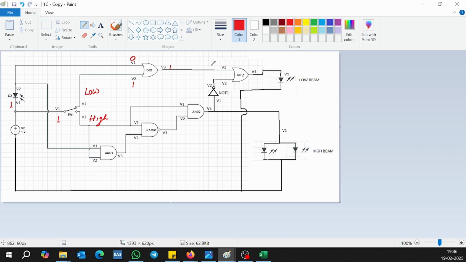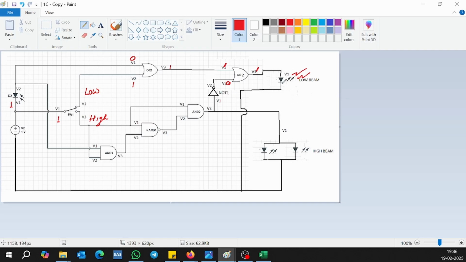This V3 is now the input to this OR gate 2, so this one will become 1. On this side there is no power flowing, so we mark it as 0. So the output becomes 1. The output of the OR gate becomes 1. That 1 means current is flowing through this, so this LED will light up. So the low beam light is on.